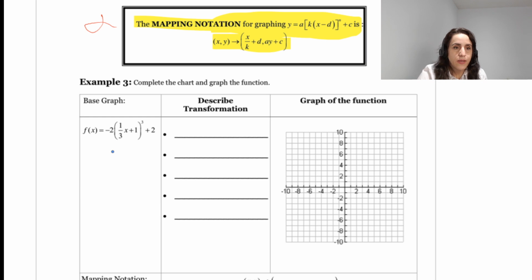Like here, I have an example. As you see, this function looks like this one, but 1 over 3 is a number multiplying x, but it is not factored. Then I would like to write down this equation again.